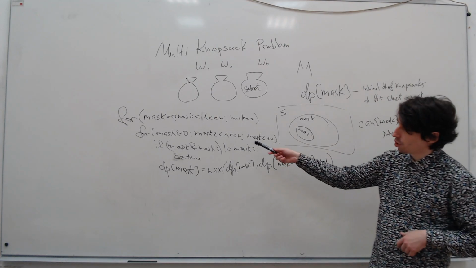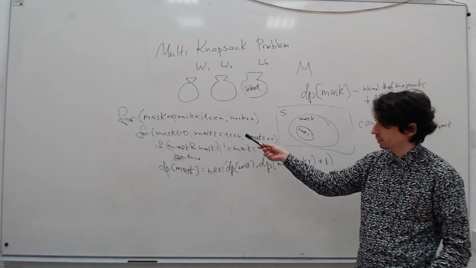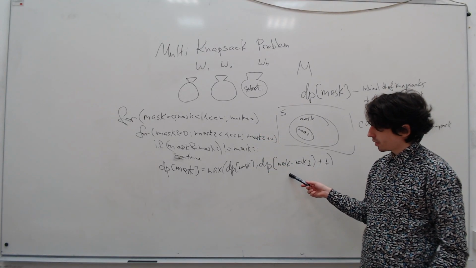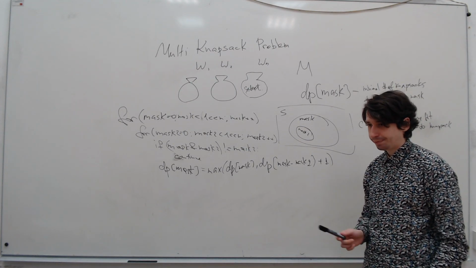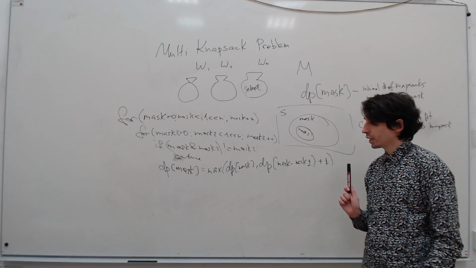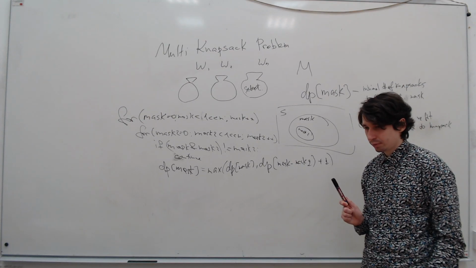So we just go over all the subsets of mask and check, if we remove these elements from the mask itself, and add 1. Okay, is it clear by now?